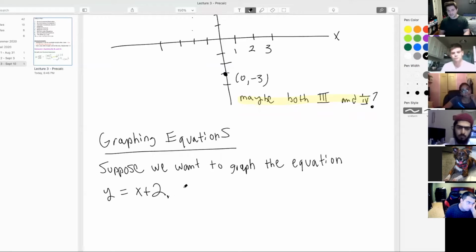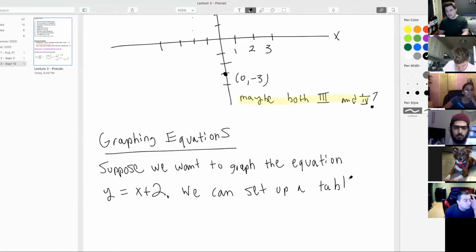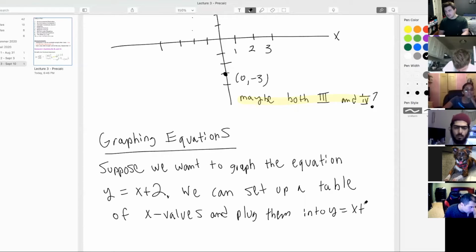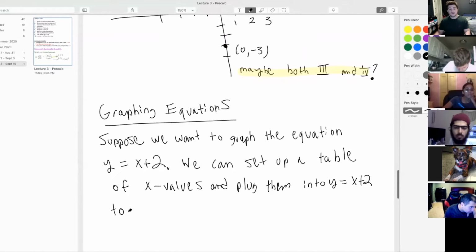And what's the process? Well, we can set up a table of x values, and plug them into y equals x plus 2 to get the corresponding y values.